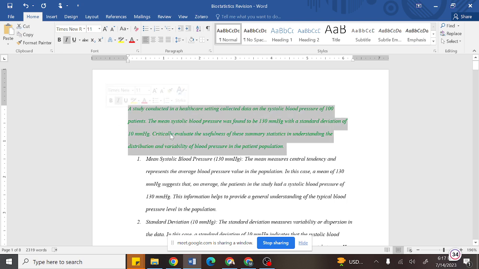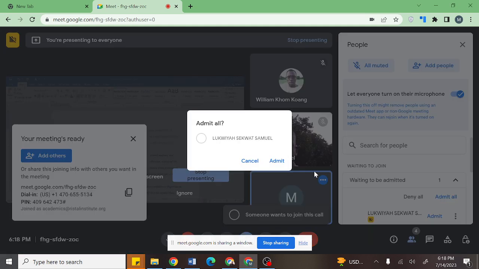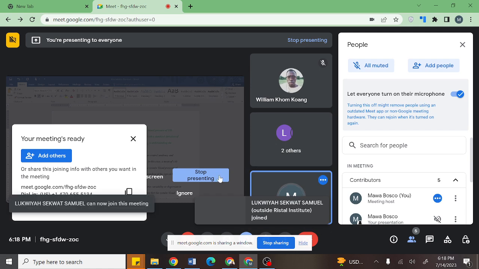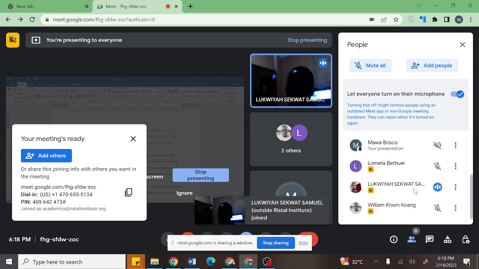The key things here are that a variable was measured, and that variable is blood pressure. Okay, that variable is systolic blood pressure.